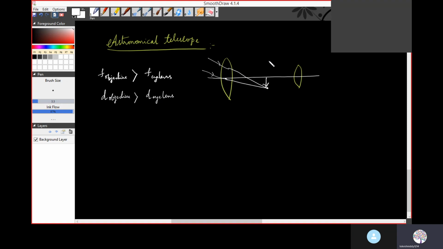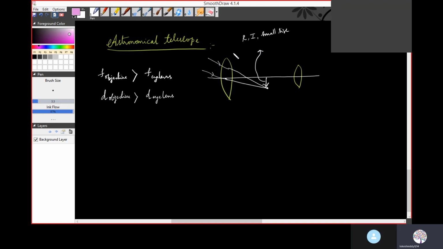Now the intermediate image is real, it is inverted and it is small in size. That is called real because the rays are coming from infinity; the image is formed at focus.